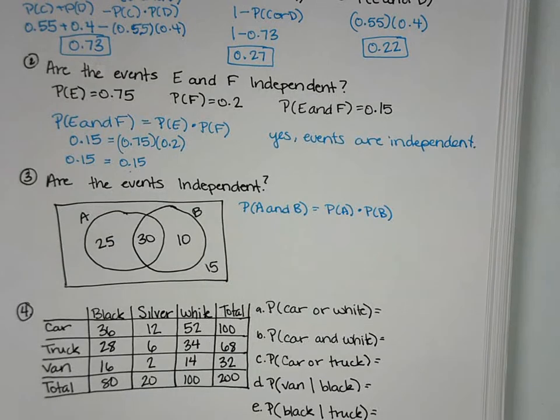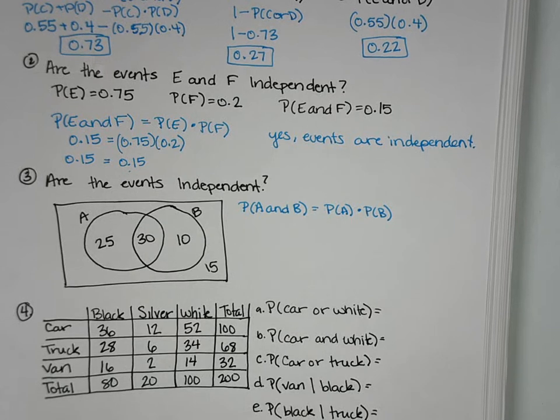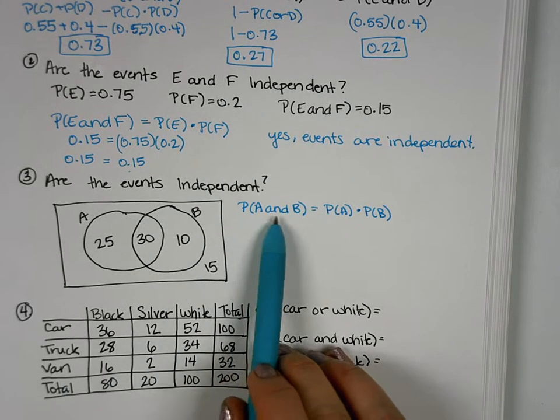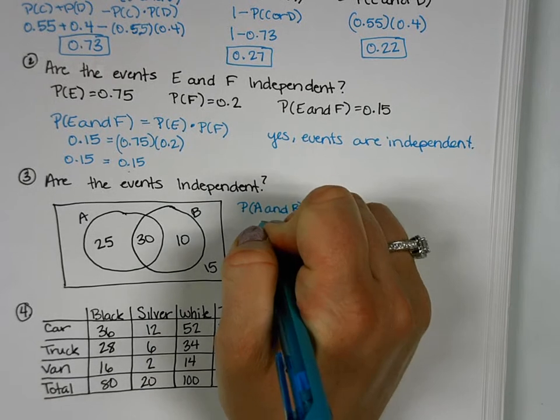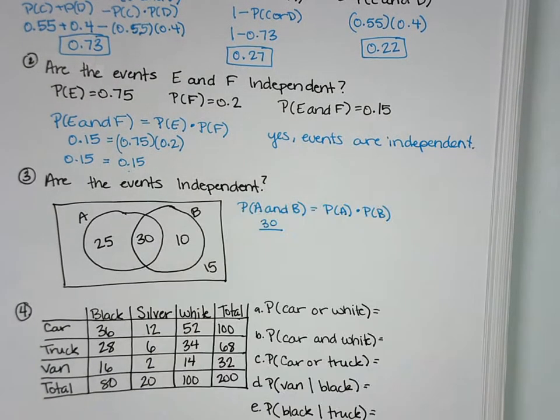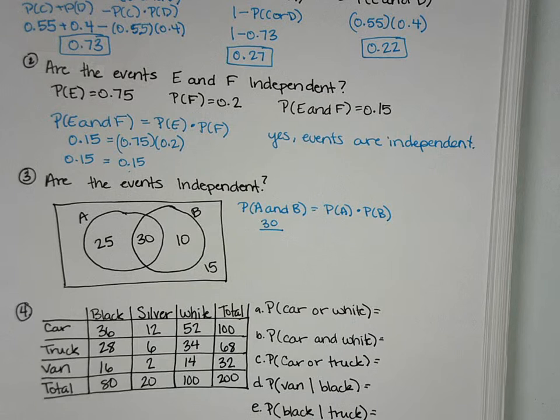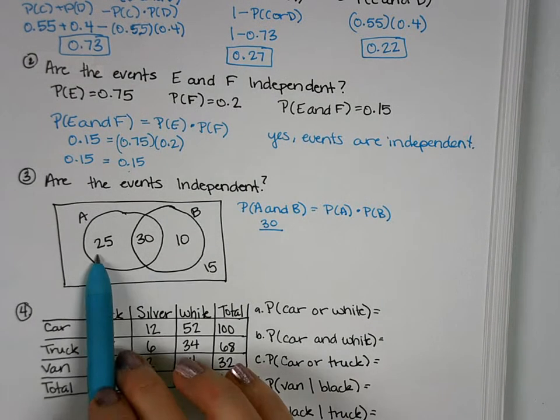Looking at the Venn diagram, what's the probability of A and B together? 30 out of what? 30, 40, 80, yes.